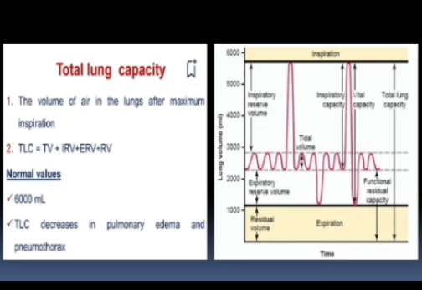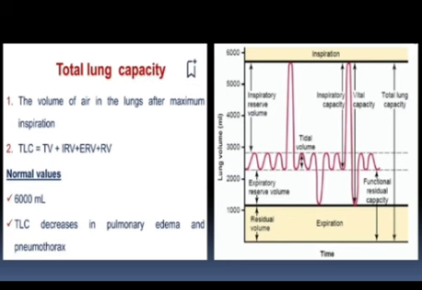Total lung capacity is the sum of tidal volume, inspiratory reserve volume, expiratory reserve volume, and residual volume.